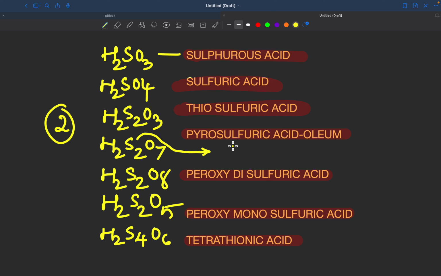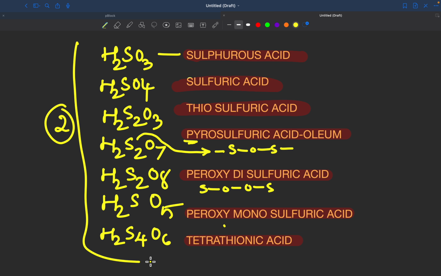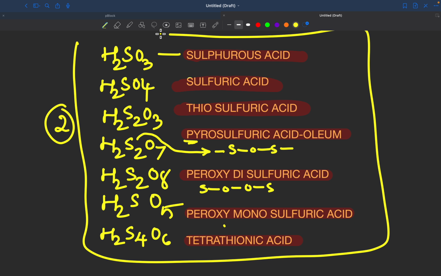In this case, 2 sulfurs are connected by 1 oxygen, right? So this kind of structure is found in pyrosulfuric acid. Even in peroxydisulfuric acid, 2 sulfurs are connected by a peroxy bond, right? And the peroxymonosulfuric acid structure is H2SO5 and S4 is this. Please note all of these down once.